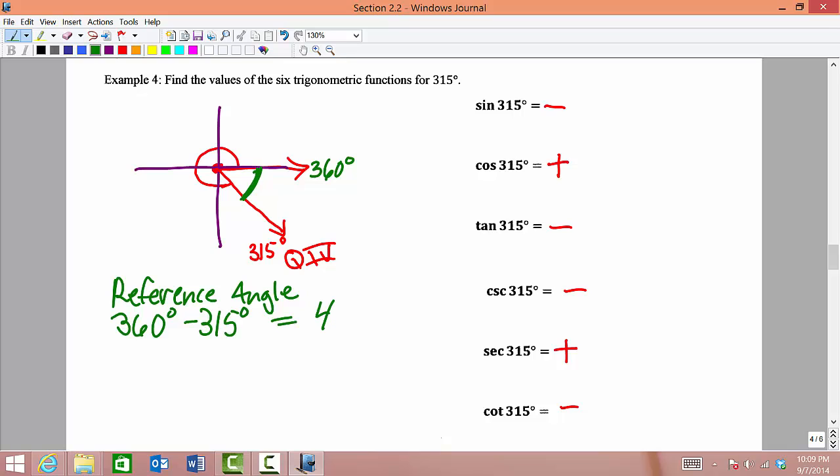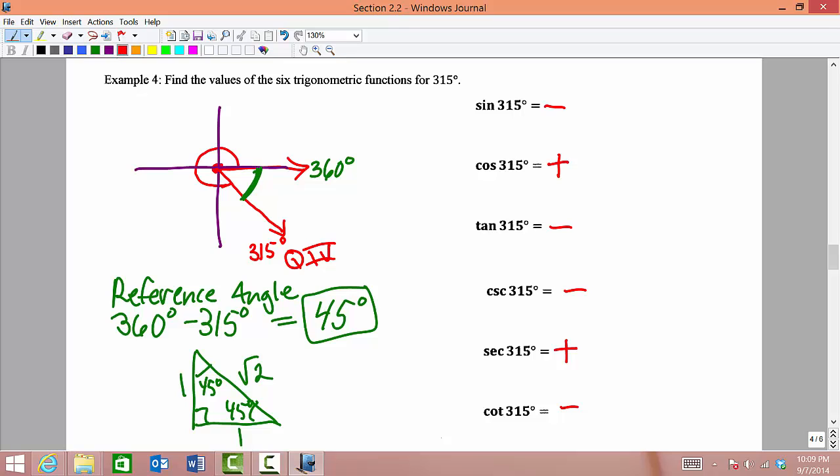That tells me that my reference angle is 45 degrees. So let's think of our special triangle for 45 degrees. Here's my 90-degree angle. Here's my 45, 45. The hypotenuse is square root of 2, and the sides are both 1.